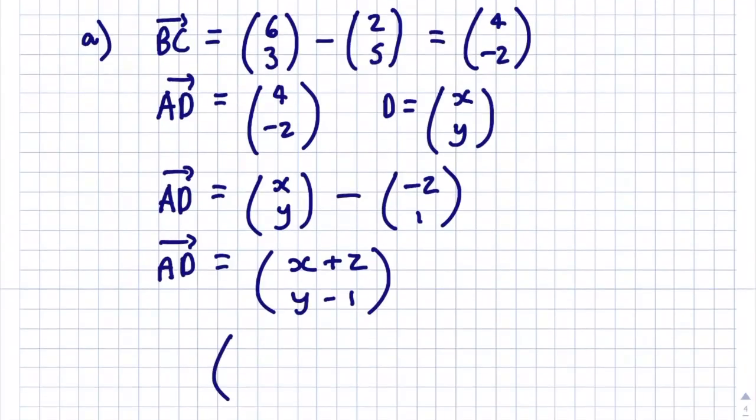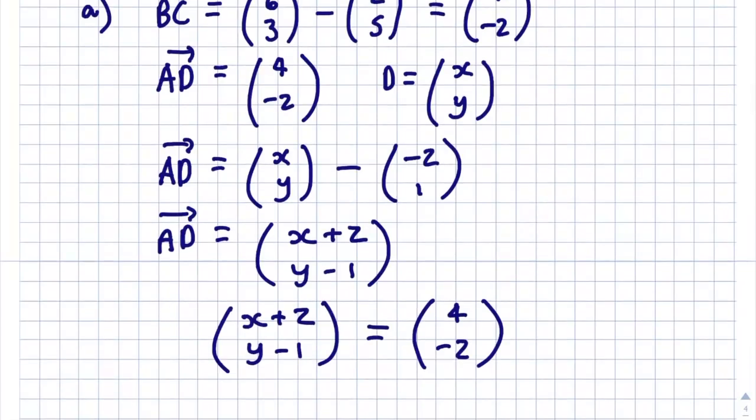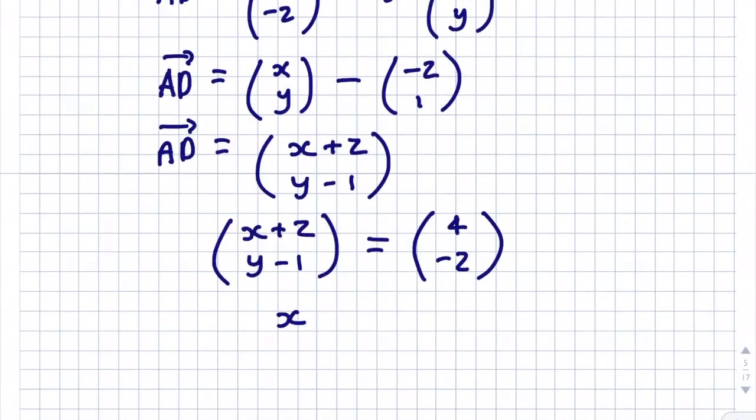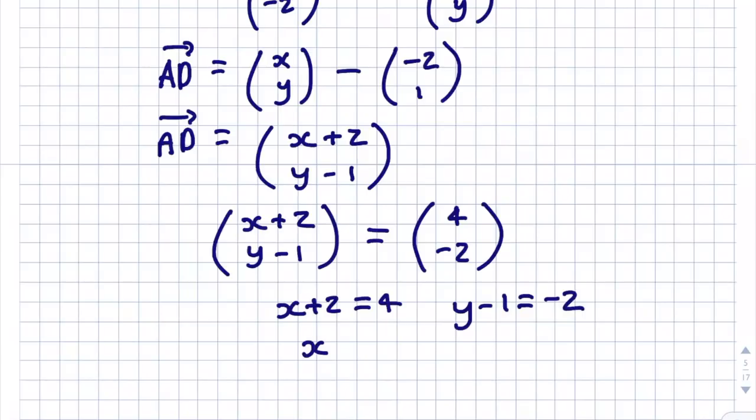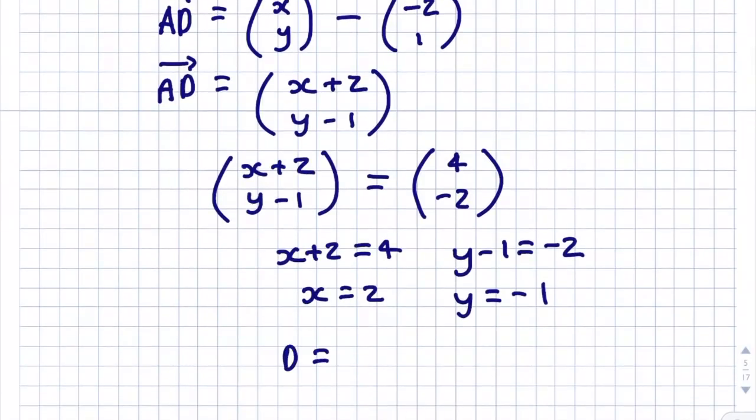So now we can solve for the values of x and y. We've got two equations: x plus 2 equals 4 and y minus 1 equals -2. So x must be equal to 2 and y must be equal to -1. Therefore the position vector D must equal (2, -1).